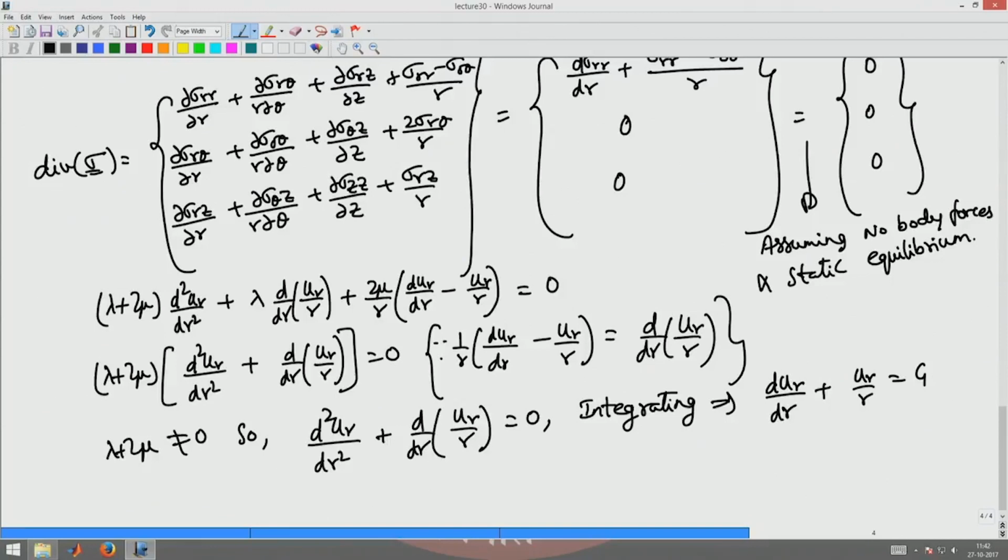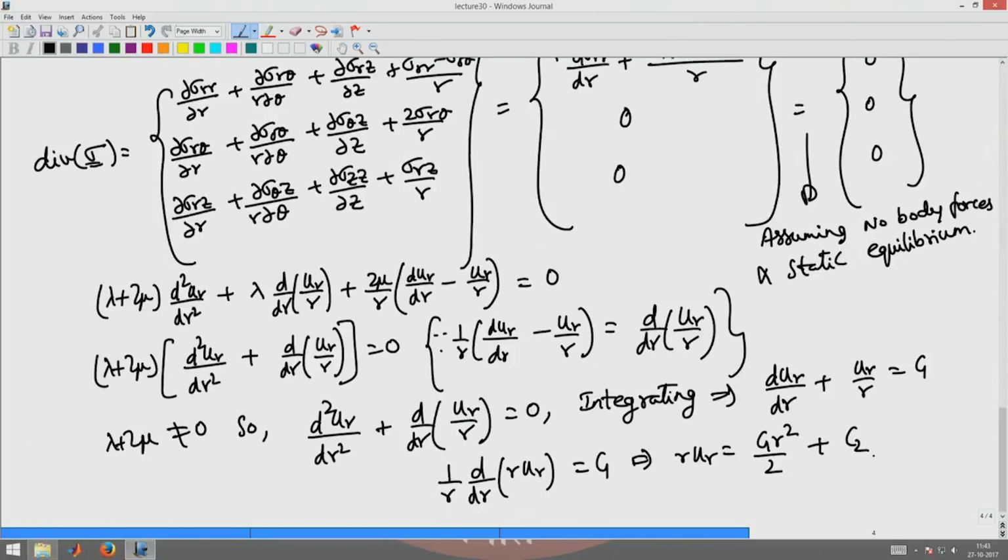Okay. Now, again I realize that I can rewrite this as d by dr of u of r by r equal to C1. Okay. So, this will imply, integrating this, I will get r u r is C1 r square by 2 plus C2.